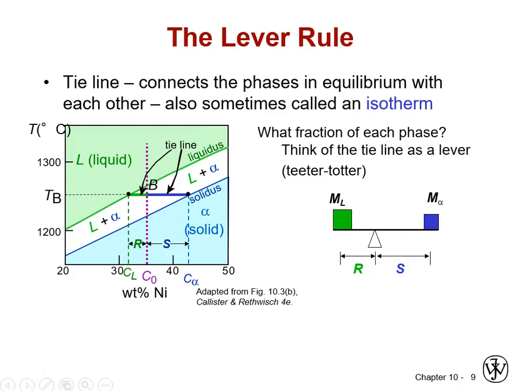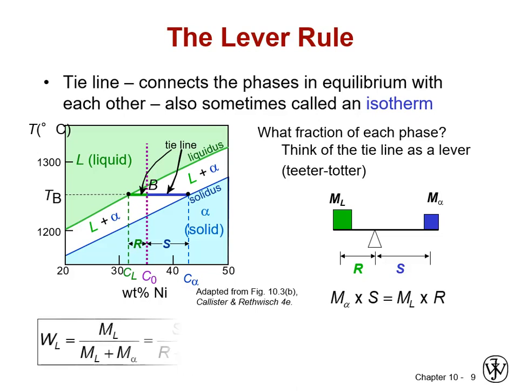And by the way, the tie lines, needless to say, because they are drawn at a single temperature, they are isothermal. So if you're used to thinking in terms of contour lines on a diagram, these are isotherms. So single temperature lines, and they're always horizontal on these binary phase diagrams.